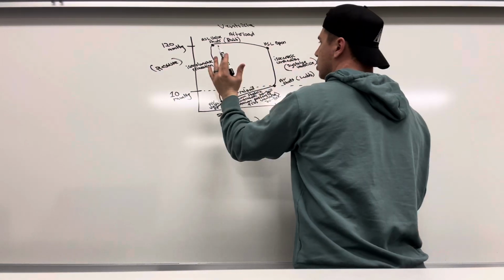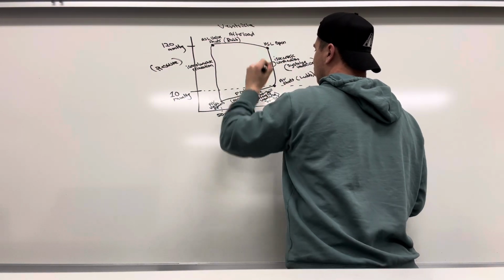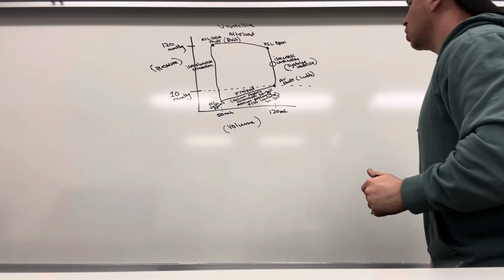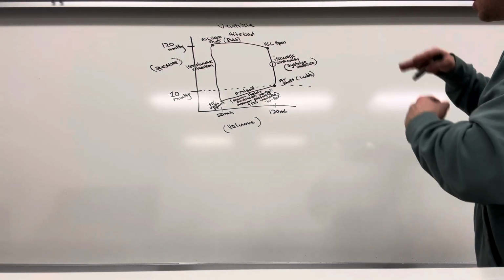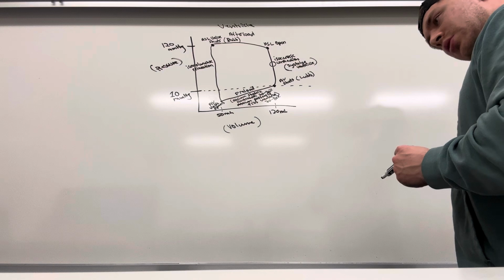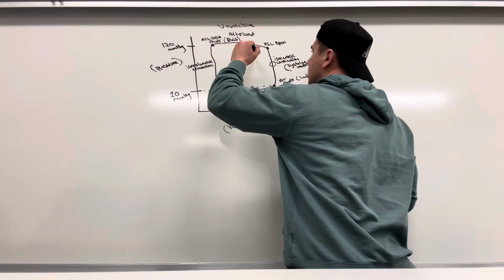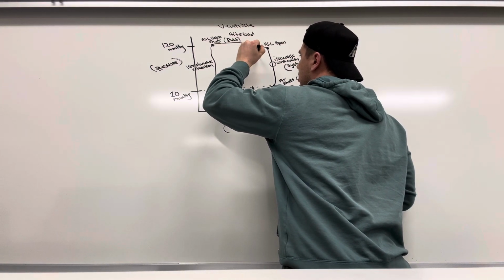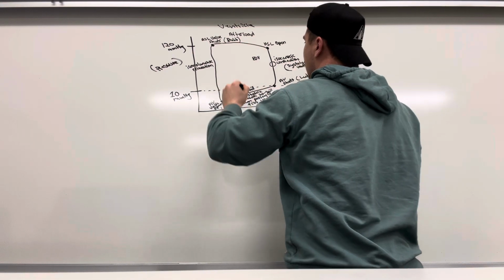Now, what do we want to understand here? Well, right here, when there's no change in the volume, but we have this change in pressure, we call this the end diastolic volume.